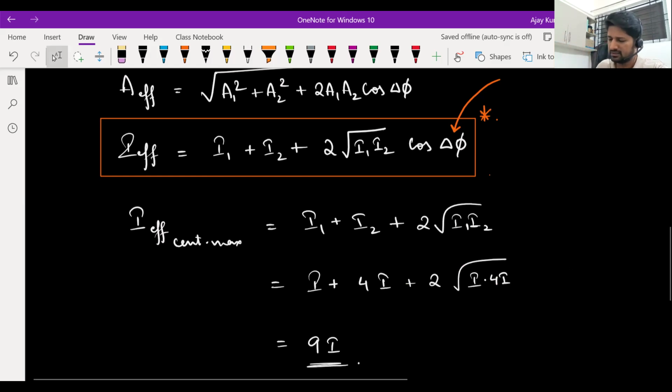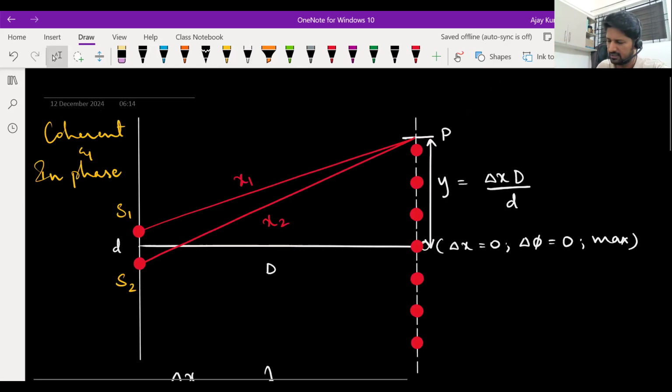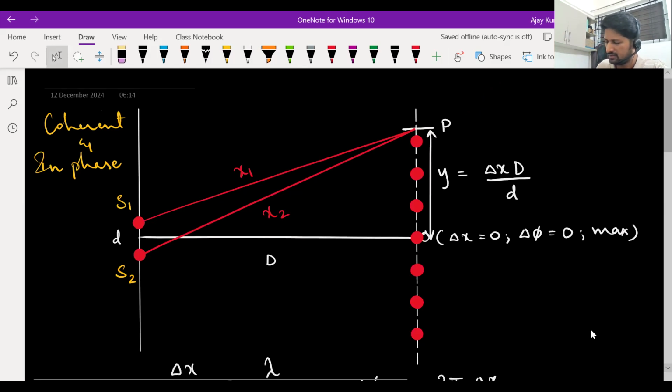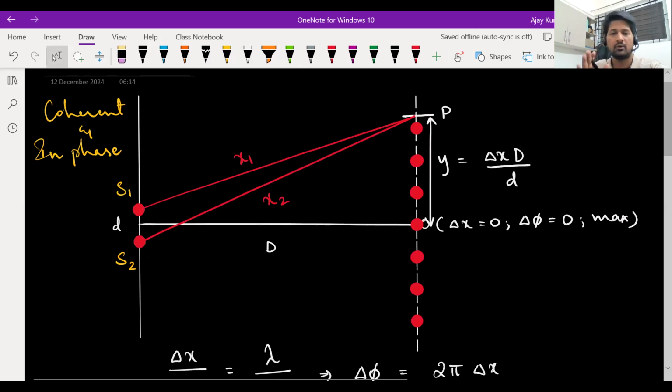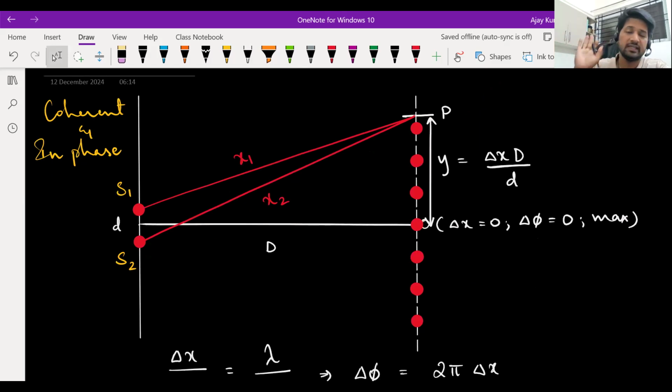What does this mean? Experimentally, suppose we cover one of the sources. Let's say only S1 is present, S2 is not. S1's intensity, we took it as I. Then it will create a uniform intensity on the screen. You will see the same intensity I everywhere on the screen if only S1 is sending waves.